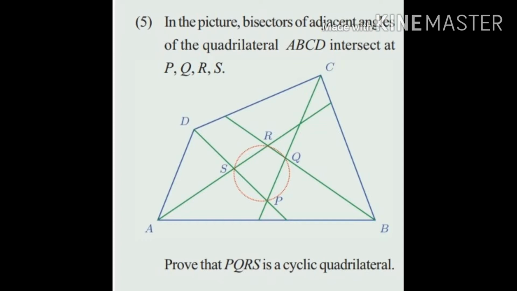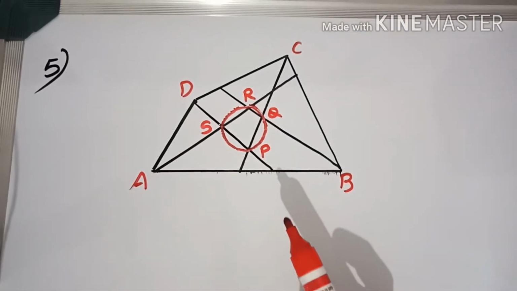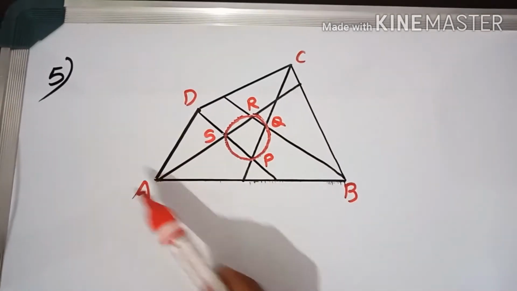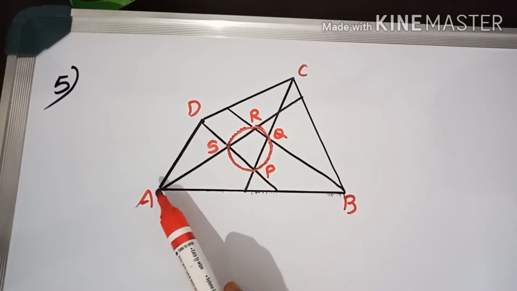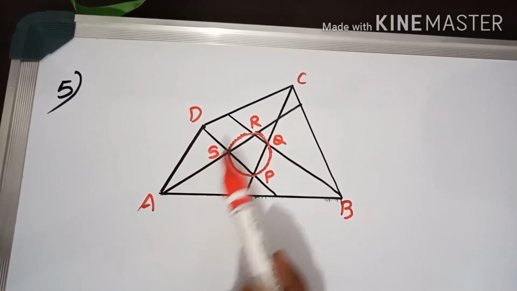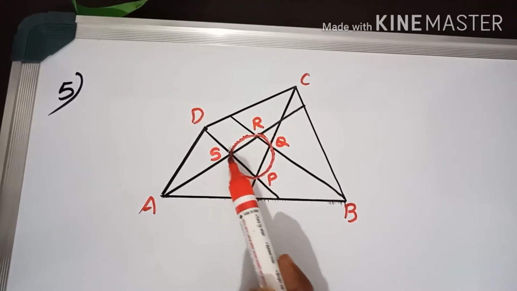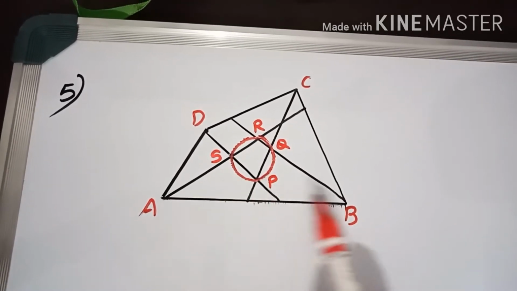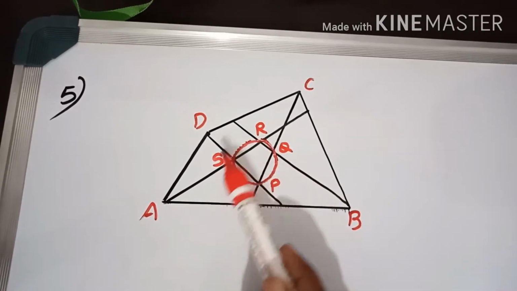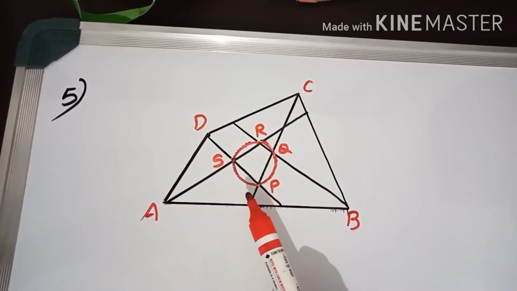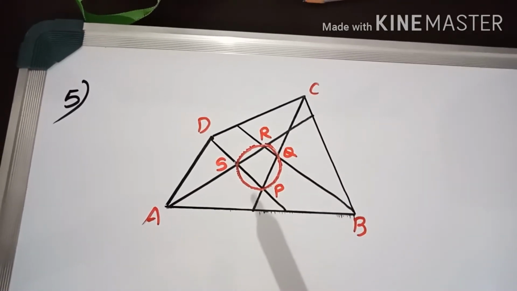So let's draw the rough figure. This is a rough figure. Here you can see ABCD, one large quadrilateral. Then the adjacent bisectors, that means angle A and angle D, these two angle bisectors are joined at the point S. Here these two angle bisectors are joined at the point R. Similarly P and Q, these are the joining points of each two bisectors.